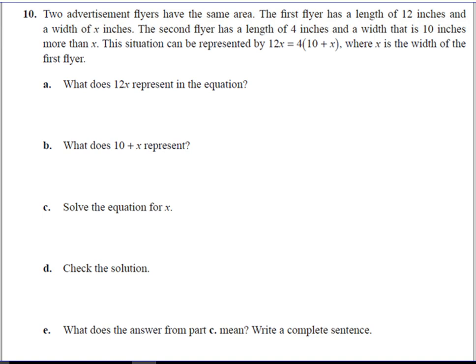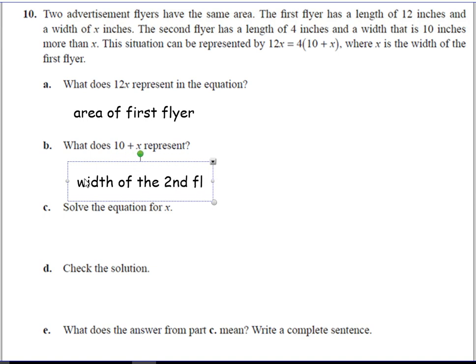So 12X represents the area of the first flyer because that's the length times the width. And then if we look at 10 plus x, it says that the width is 10 inches more than x in the description, so that would be the width of the second flyer.